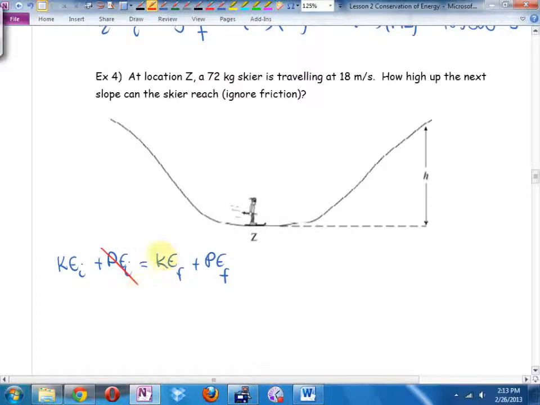Oh. How high will he be at the top? That's what they're asking me to find. Let's assume it ain't 0. So those two cancel. This is going to be a half m v initial squared equals m g h final.